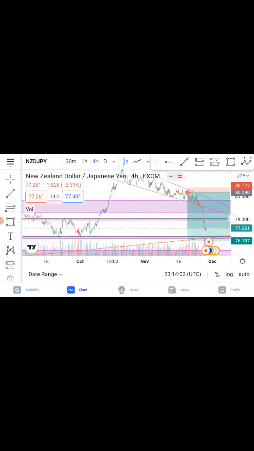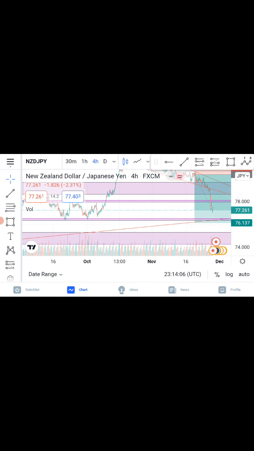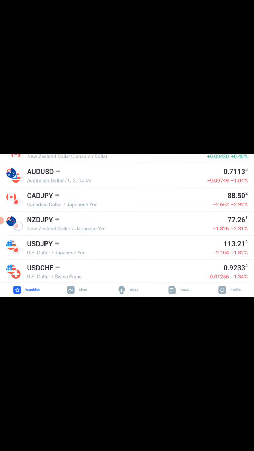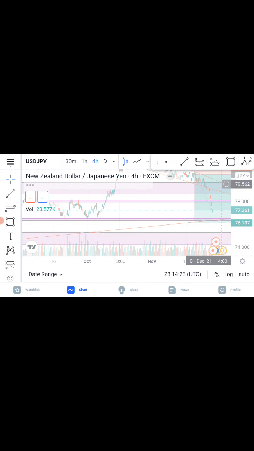This is Nzdjpy. I killed this trade over here, so now it's heading for this triple bottom over here. 1, 2, 3 triple bottom, you see. Then after that, we'll be looking for buys until this level. So yeah guys, that's Nzdjpy for you. Then let's look at Usdjpy.